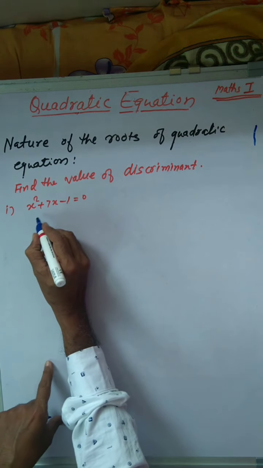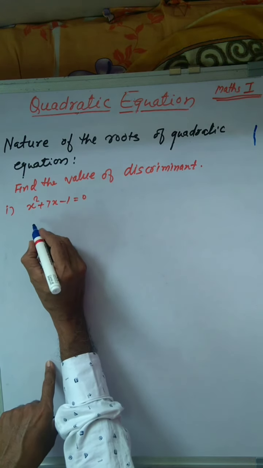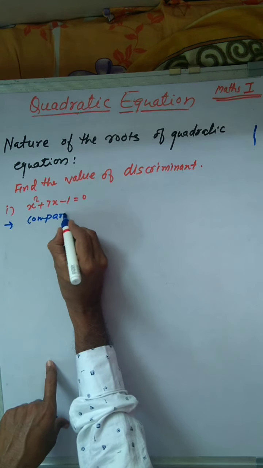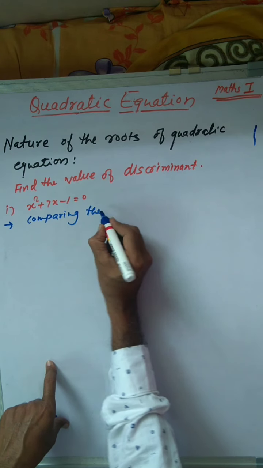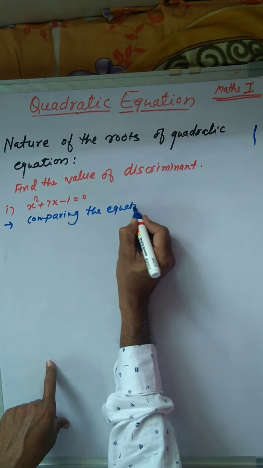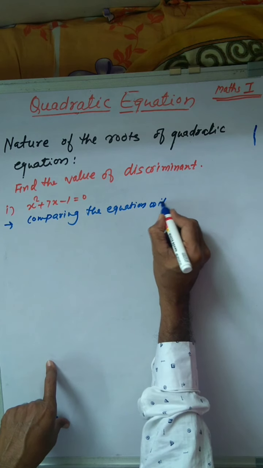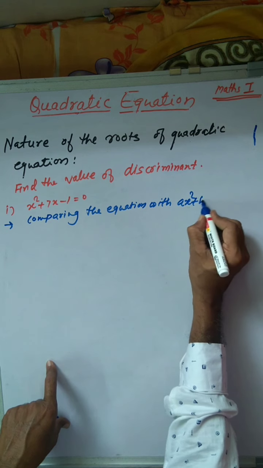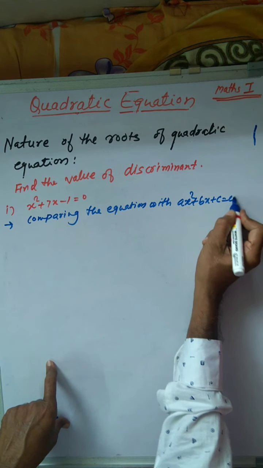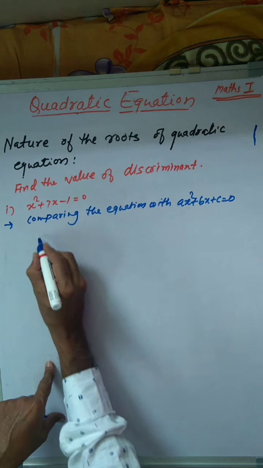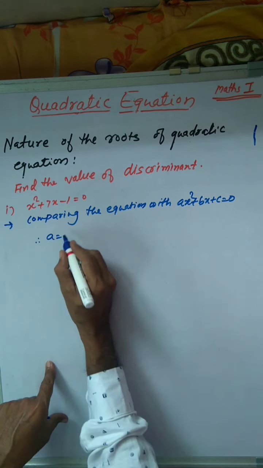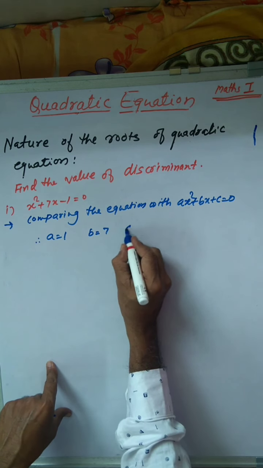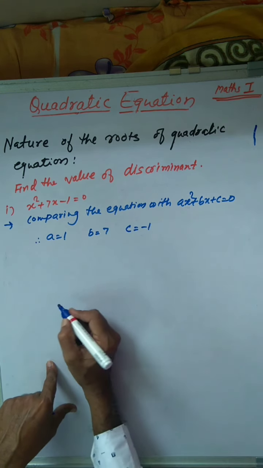First, comparing this equation with ax² + bx + c = 0, we get a = 1, the coefficient of x², b = 7, the coefficient of x, and c = −1.